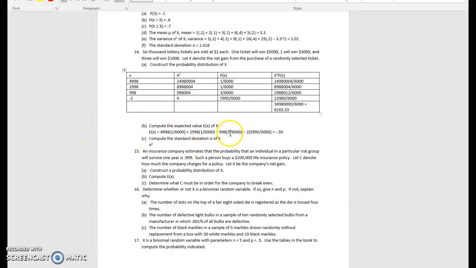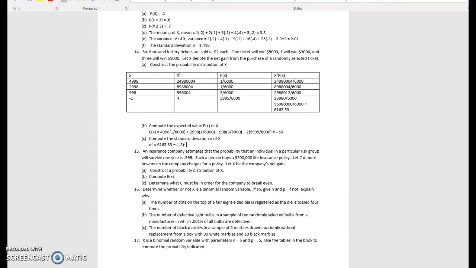All right, now let's recall, though, that's only the first part of our formula. So the variance, sigma squared, is equal to that amount that I just got, and then I have to subtract off the mean squared. So in this case, our mean is our expected value. We want -0.5 squared.